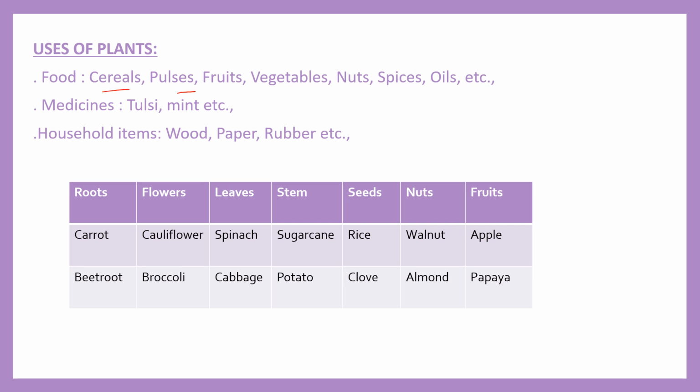What are the cereals? Yes, rice, wheat, right? Pulses, yes, tur dal, urad dal, all these are pulses. You know fruits, right? What are the fruits? Yes, I can hear so many kids saying the fruits, right?